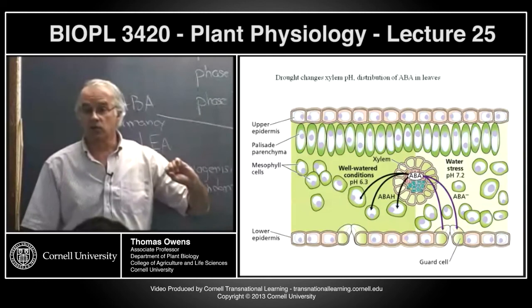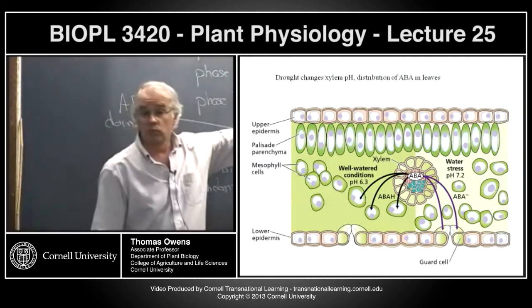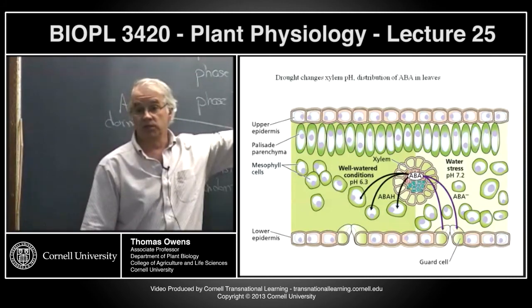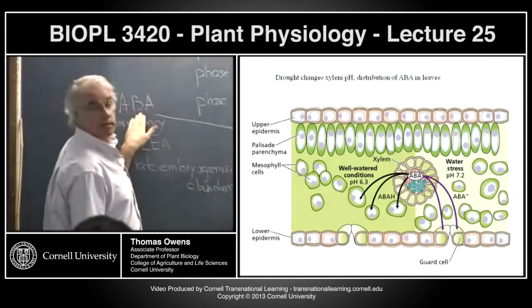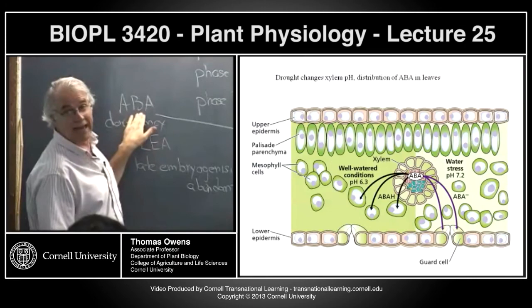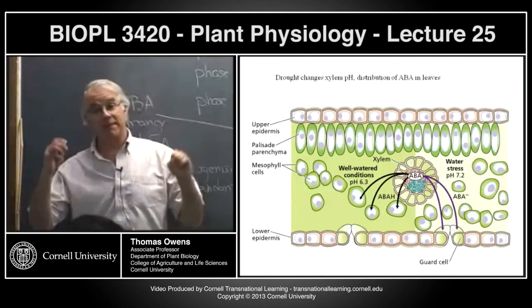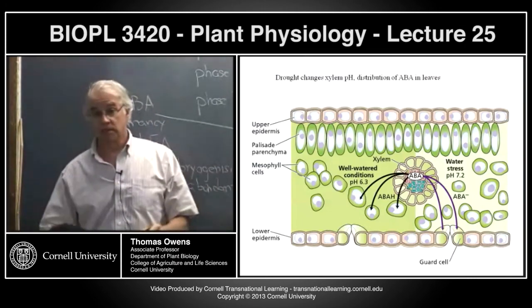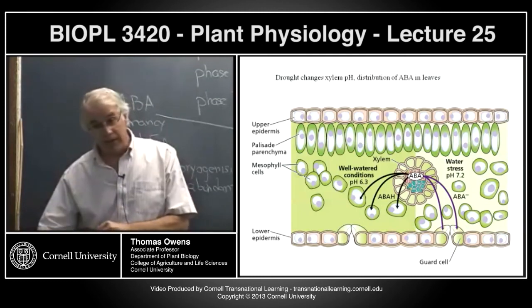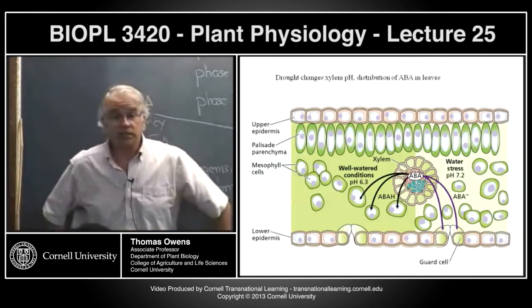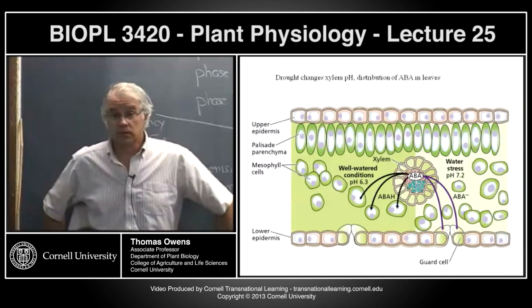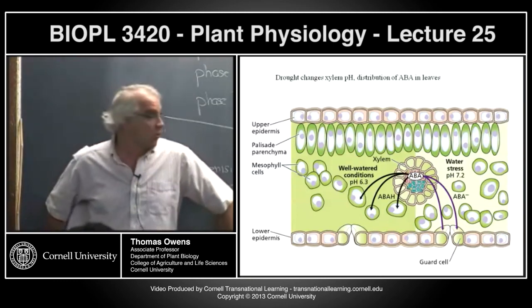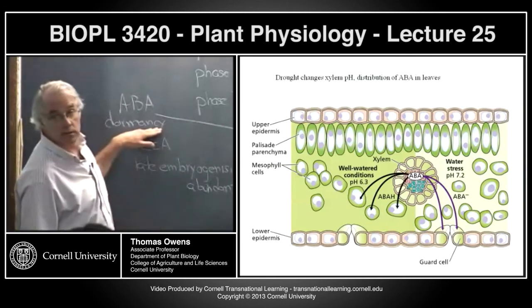Seeds that are dormant, their ability to turn on metabolic function is limited by abscisic acid. ABA is a compound that maintains dormancy. Get rid of the ABA, or as we'll see, increase the amount of gibberellic acid there, and that dormancy can be broken. When does this dormancy start?